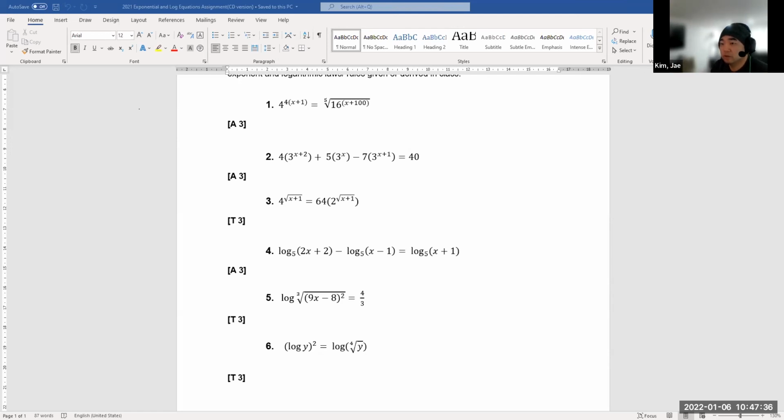Let's see if that works. I think it works. Please try that one. Go into our Brightspace and see if this version works for you.